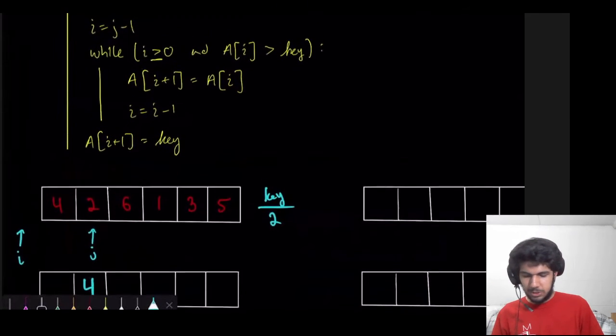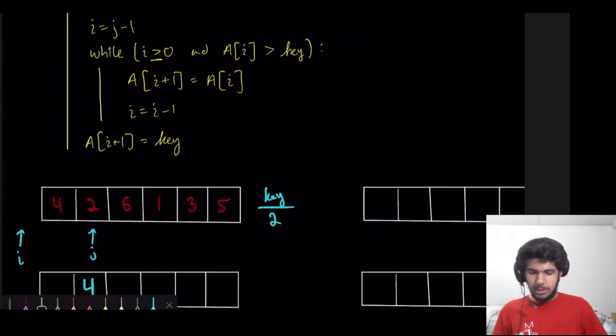Okay, so we finished one iteration of the while loop. Now let's check again. Is I greater than or equal to 0? No, it's -1 now. It's pointing outside of our array. So this condition doesn't hold, so we don't do this. Then we set a of I plus 1 equal to key.